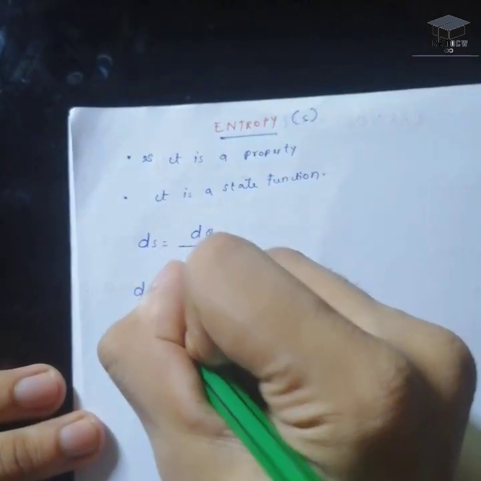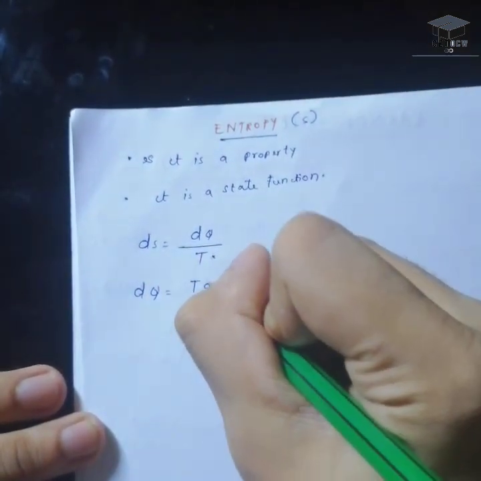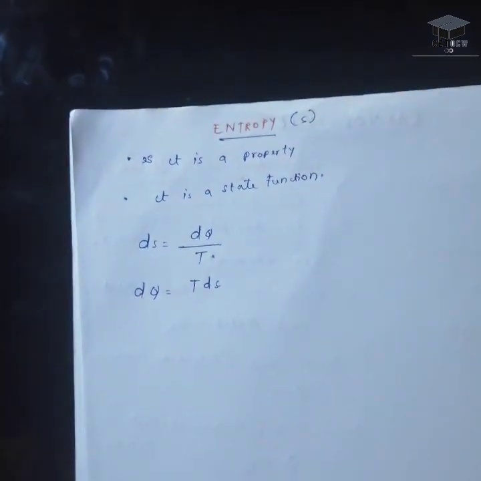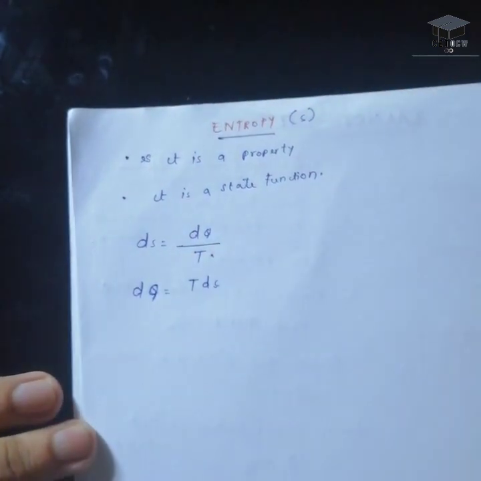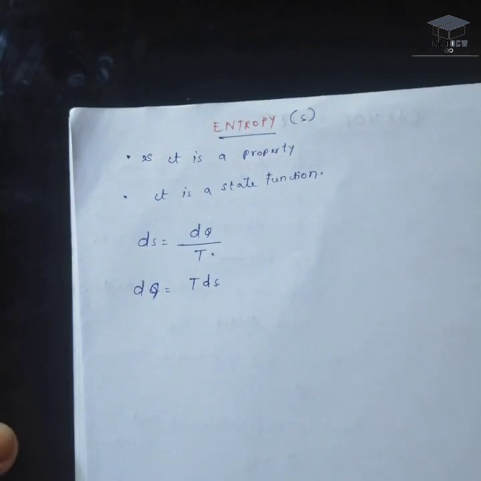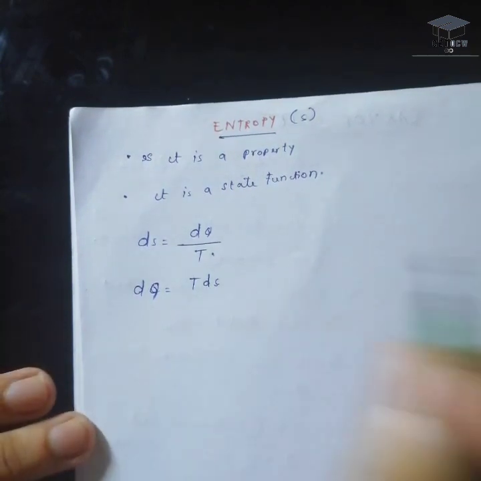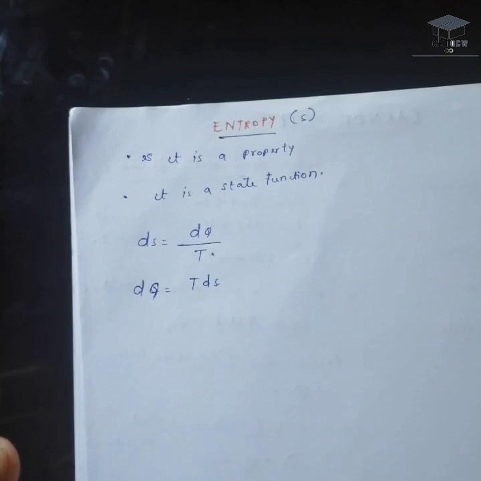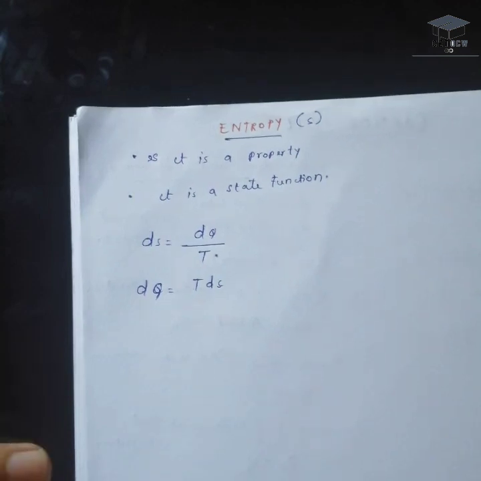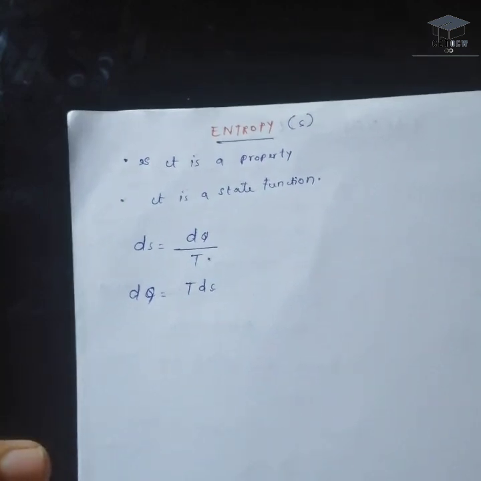So we know dQ is equal to TdS. From this we understand that since dQ is equal to TdS, the area under the TS diagram will give the heat added or heat rejected.